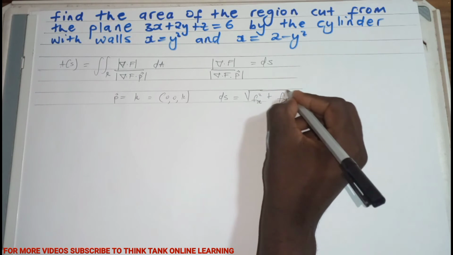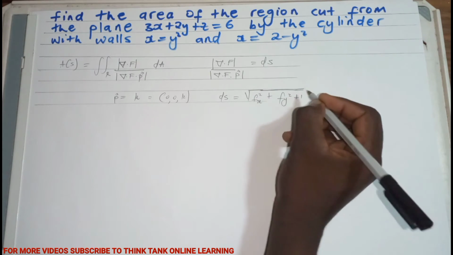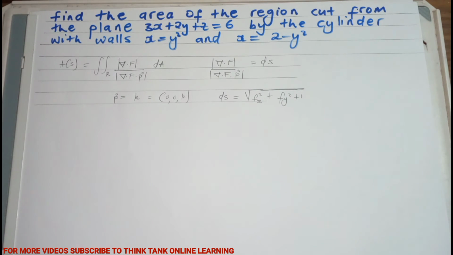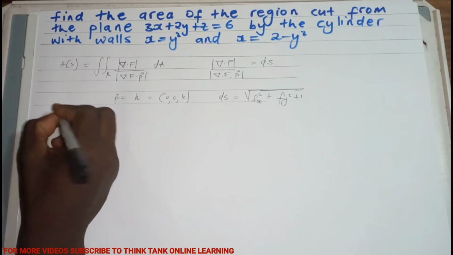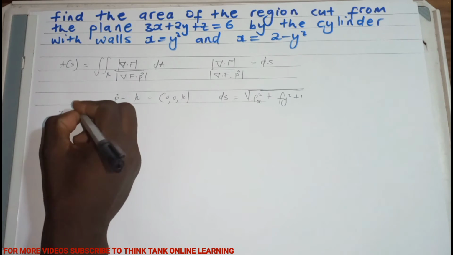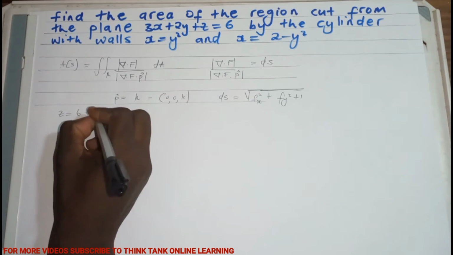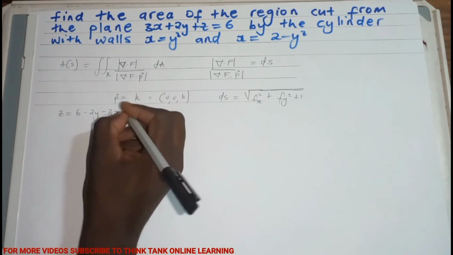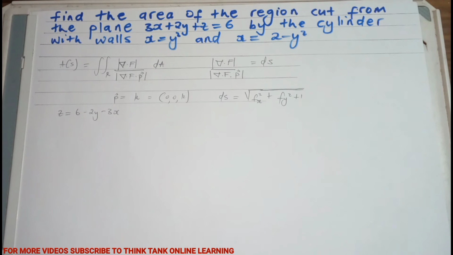This is the formula I'm going to use, and from this problem you know that z is equal to 6 − 2y − 3x. We just made z the subject of the formula.